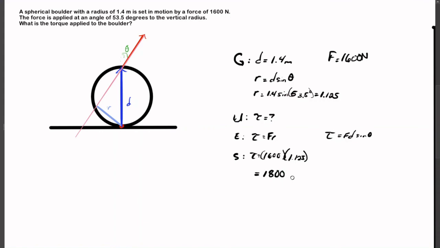But we only want 2 sig figs, right? When we evaluate our sig figs, we got 2 here, we got 2 here. We've got 3 in our degrees, but we're going to say that boils down to 2. So in our solution, we're going to make sure that we have tau equals 1,800, and that's newtons times meters, so that's newton meters.